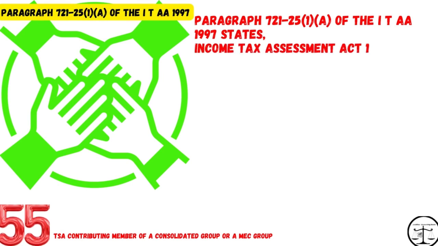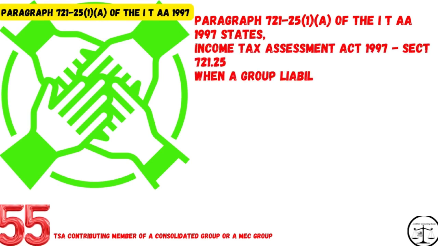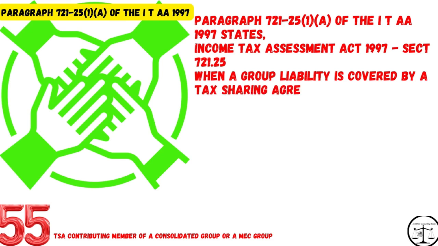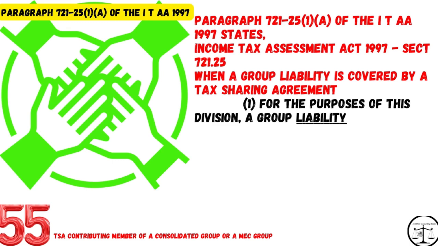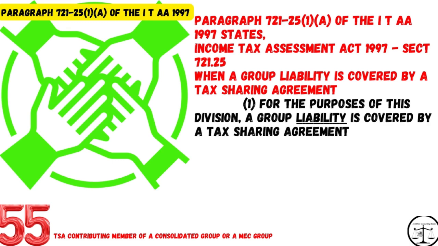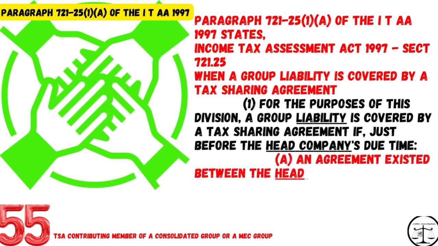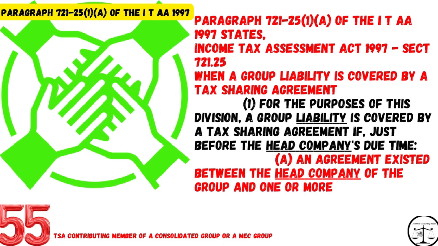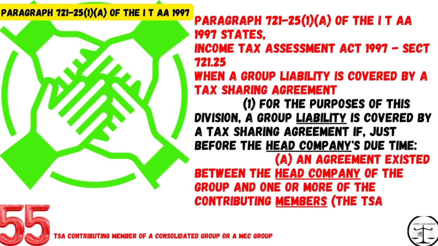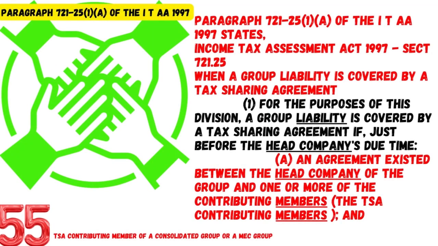Word number 55. TSA contributing member of a consolidated group or a MEC group has the meaning given by paragraph 721-25(1)(a) of the ITAA 1997. Paragraph 721-25(1)(a) of the ITAA 1997 states, Income Tax Assessment Act 1997, section 721-25.